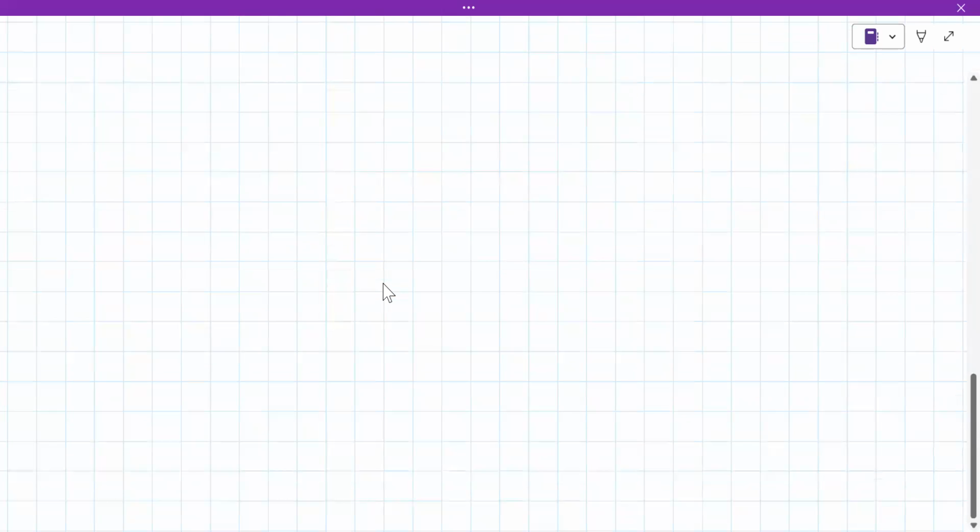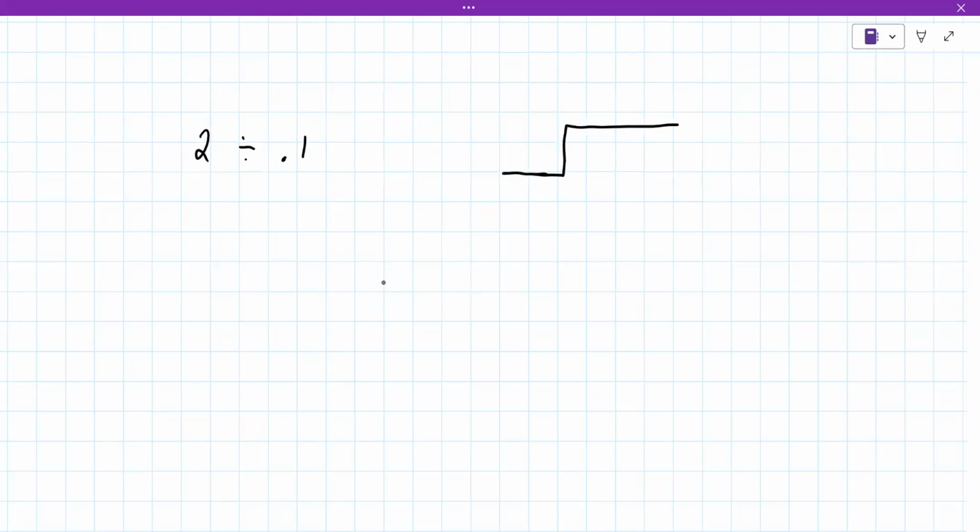Yes, let's do some dividing decimals. Let's say it's 2 divided by 0.1. Where does the 2 go? Where does the 0.1 go? The 2 goes on the inside, the 1 goes on the outside. Good. Now you can't have a decimal on the outside, so you move this over, which means you also move this one over.